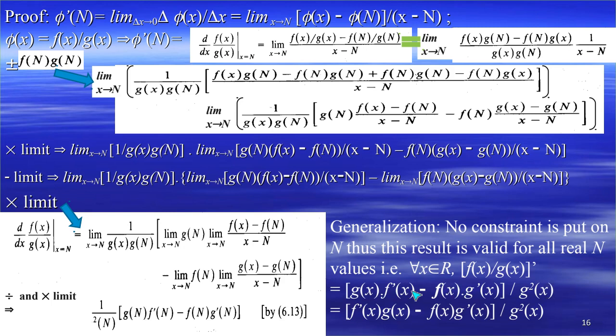Or just changing the places, I can do it thanks to the commutativity and associativity laws of multiplication. I can just change these two and say f prime of x times g x minus f x times g prime of x over g square of x, which is the result I wanted to prove, you see.